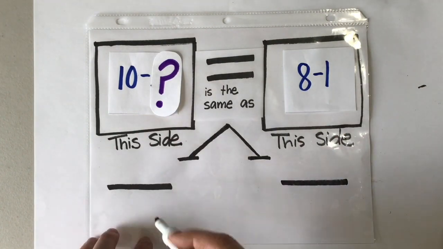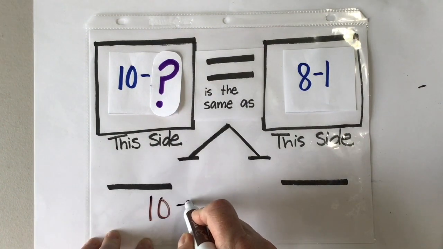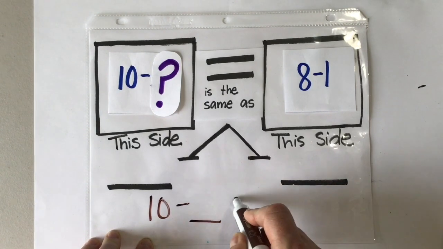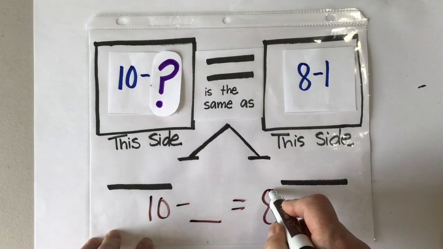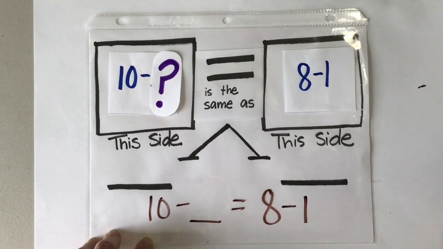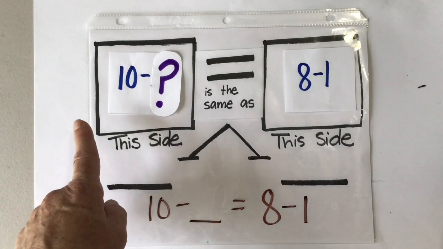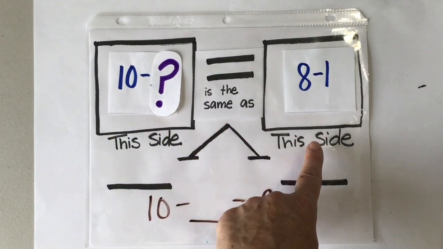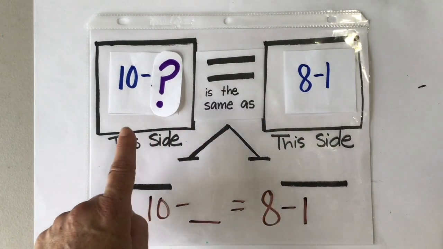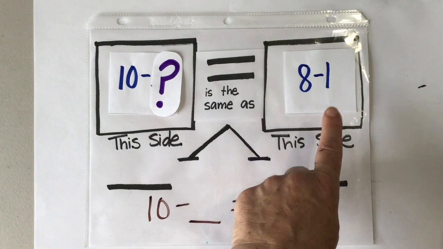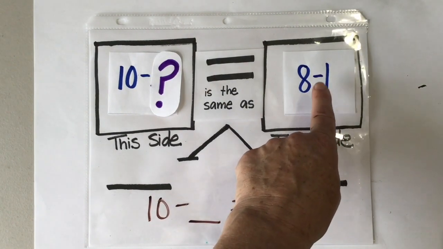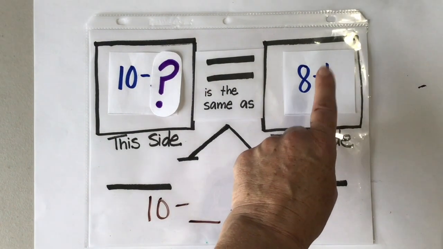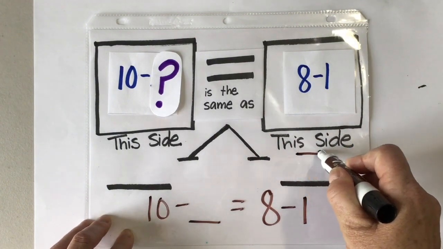If you're writing it in your notebook, you're going to write 10 minus something equals 8 minus 1. Okay? Which side are you going to start on? Let's start here because we already know this answer. 8 minus 1 is 7.